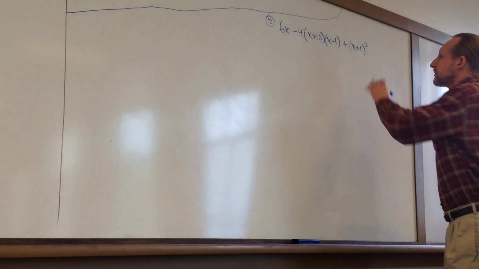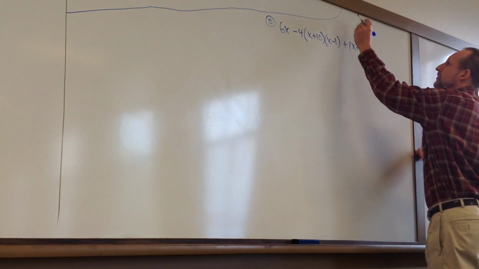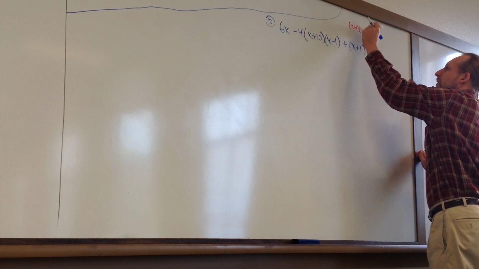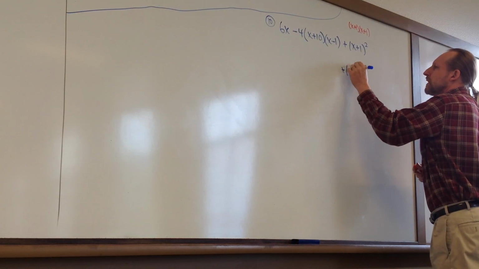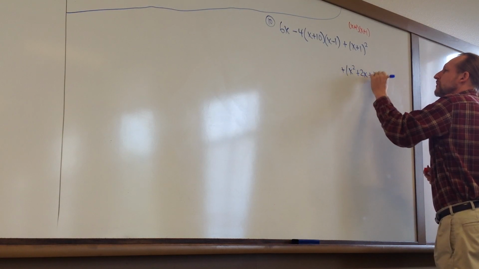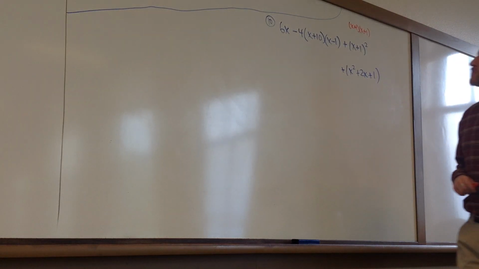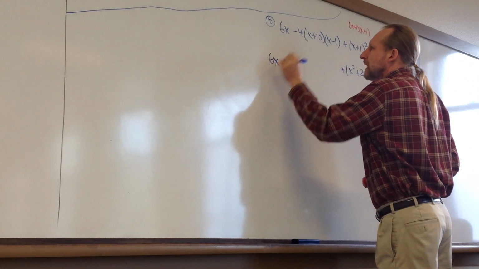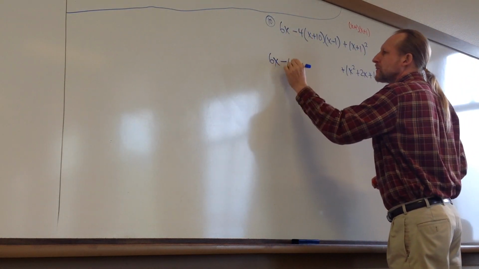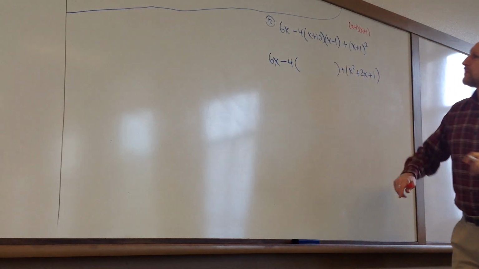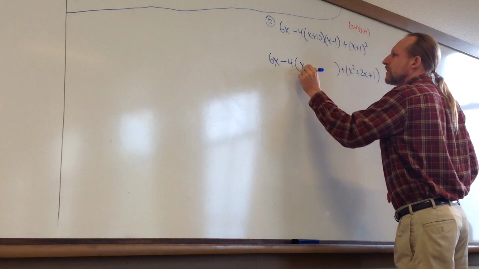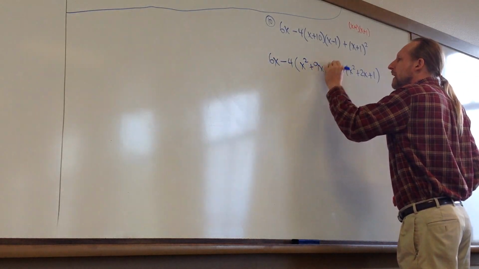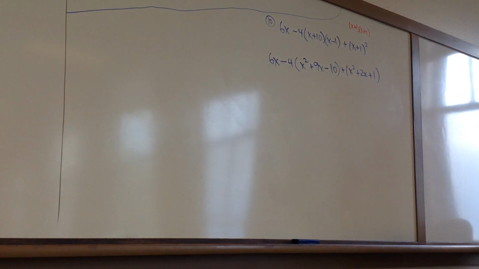If I wanted to, I could start over here by squaring out the x plus 1. So we want to multiply it by itself, and so this will be plus x squared plus 2x plus 1. The 6x will stay the way that it is. In the middle piece, we'll leave the 4 alone for a minute, and if we multiply these two together, we'll get x squared plus 9x minus 10.